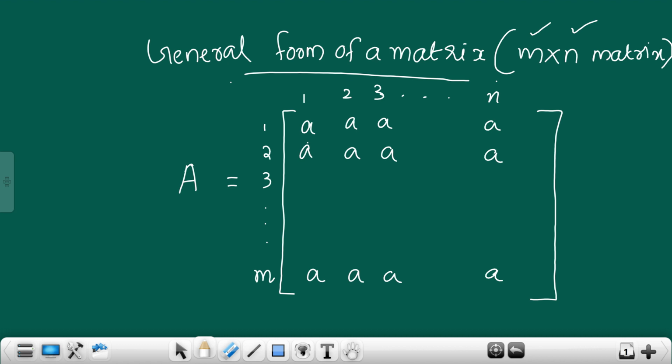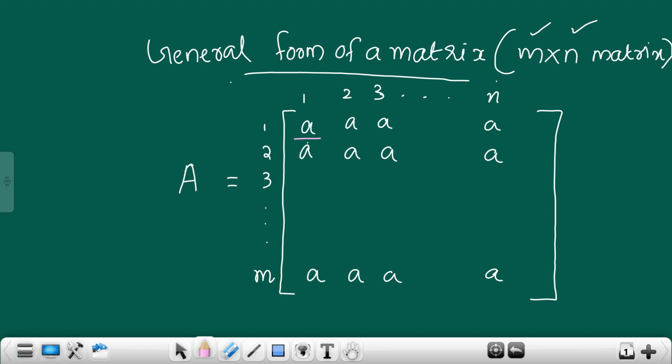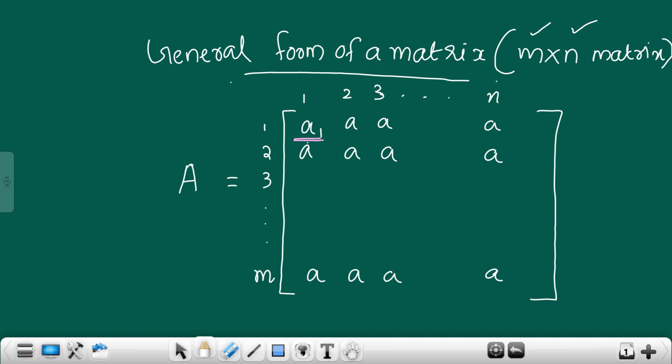But the suffix decides the position of the element in the matrix, which means here we consider the first element a. This element is in the first row and first column. So we write it as a11.